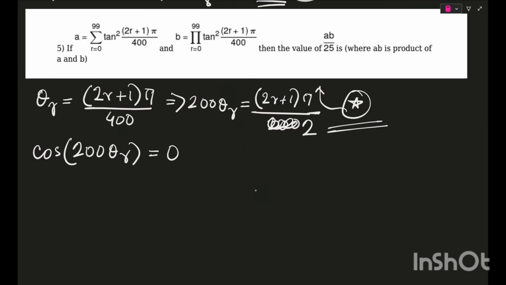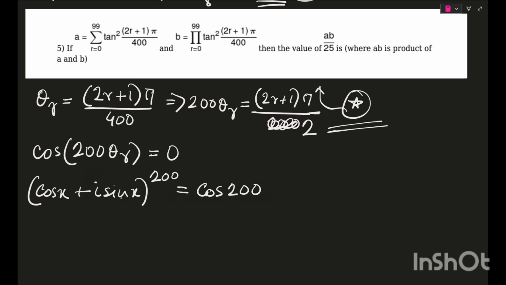Okay, so guys, here is where your complex numbers enter. Now what I will do is take cos x plus i sin x to the power of 200. There is a reason, I will explain why. I hope everyone knows that cos x plus i sin x to the power of n can be written as cos nx plus i sin nx.